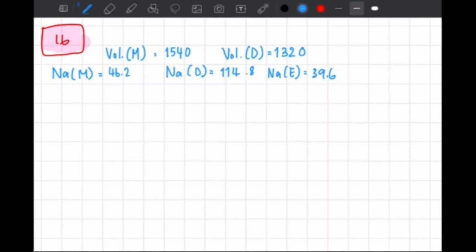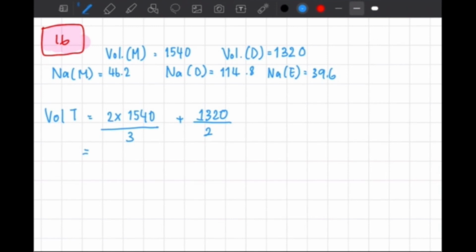Okay, here we go. Volume total: 2 multiplied by 1540 divided by 3 plus 1320 divided by 2.